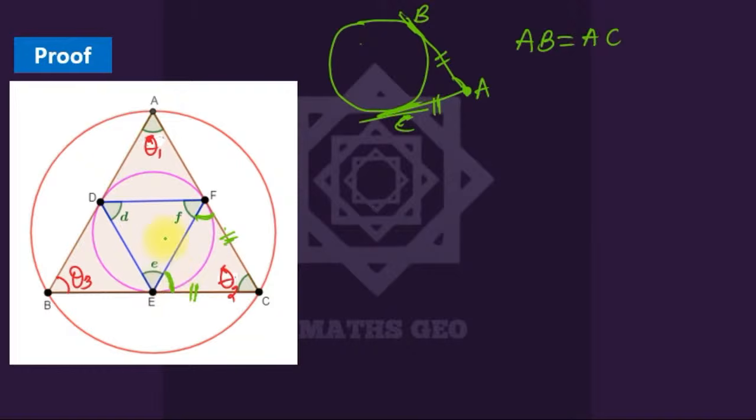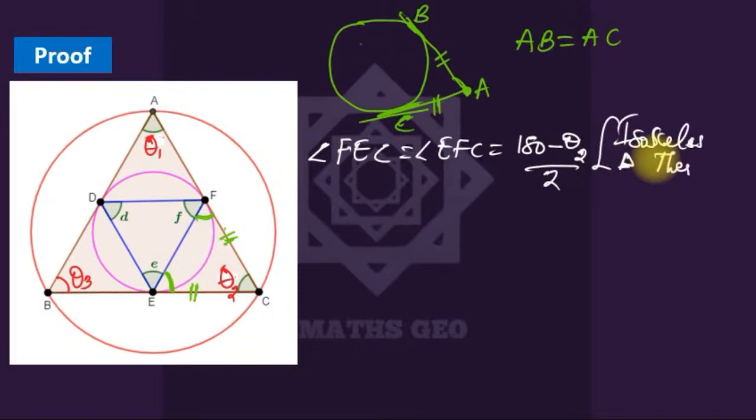We see that angle FEC and angle EFC will be 180 minus theta 2 over 2. Yes, based on the isosceles triangle theorem, the base angles are congruent or equal.